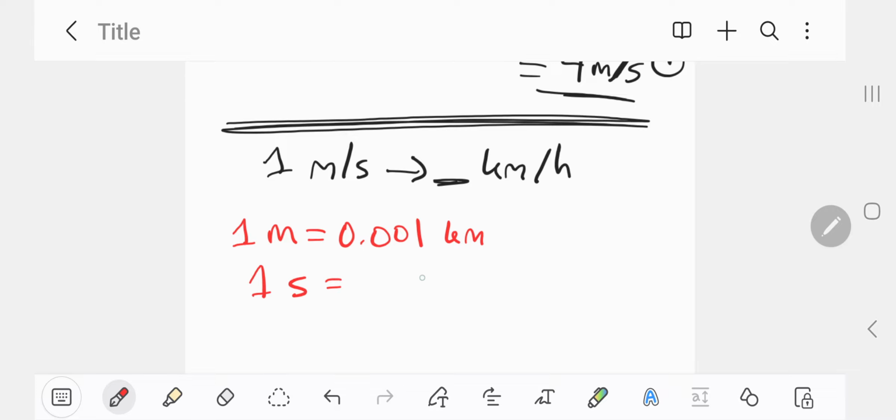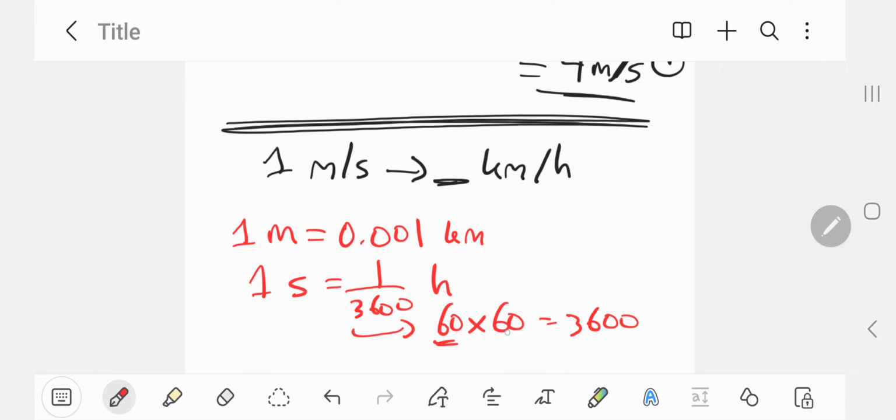1 second is equal to this many hours. 1 over 3,600. Because there's this many seconds in an hour. So 1 hour is 60 seconds times 60 minutes, and that's 3,600. There's 60 seconds in a minute, and there's 60 minutes in an hour, and you get 3,600.